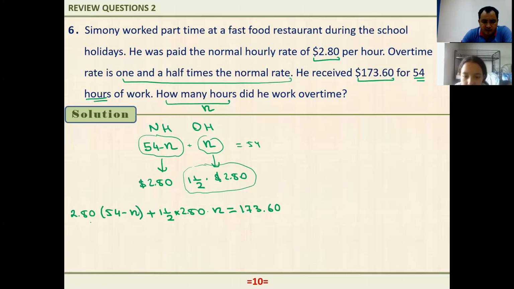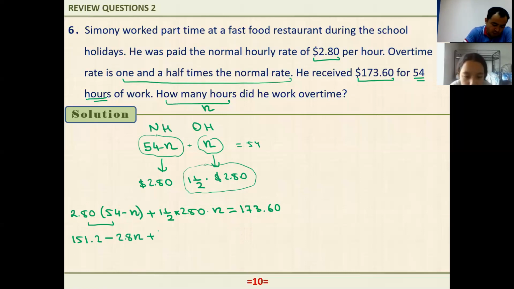So we need to remove the brackets here. 2.80 times 54, that's equal to 151.2. Minus 2.80 times n, it is 2.8n.